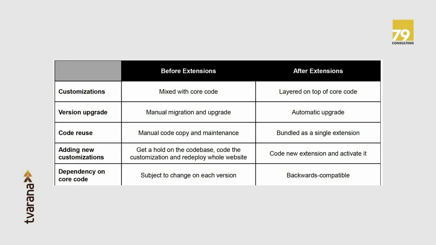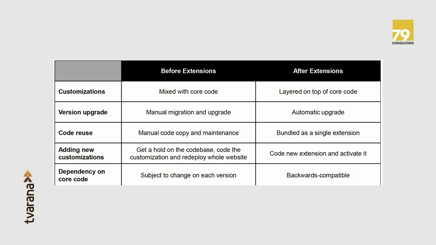But as you can see in this table, the extensibility framework made quite a bit of a difference to the architecture as well as the usability of the platform. For example, before the framework, customizations were mixed in with core code, due to which upgrades were very difficult and often involved almost re-implementing the whole website.